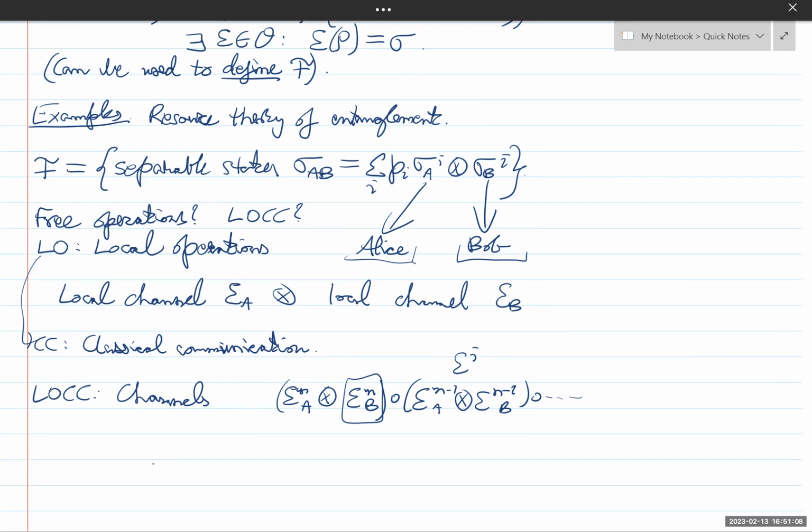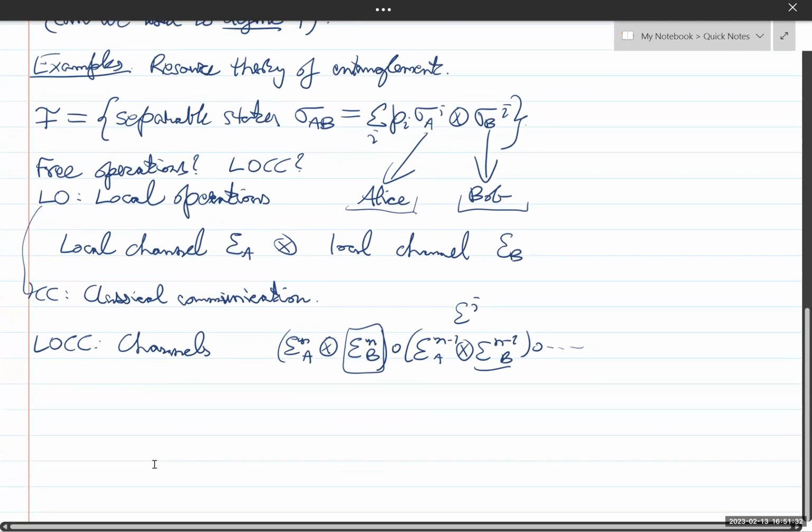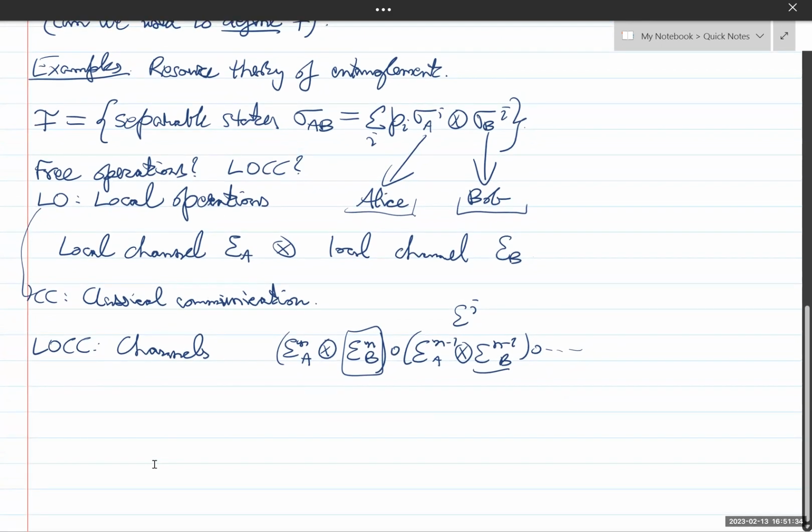These don't have to be complete channels like trace-preserving things. I've just roughly written it in this way to get the operational idea through. We can make a more technical definition of it, but I would probably get it wrong. Okay, so that's LOCC.